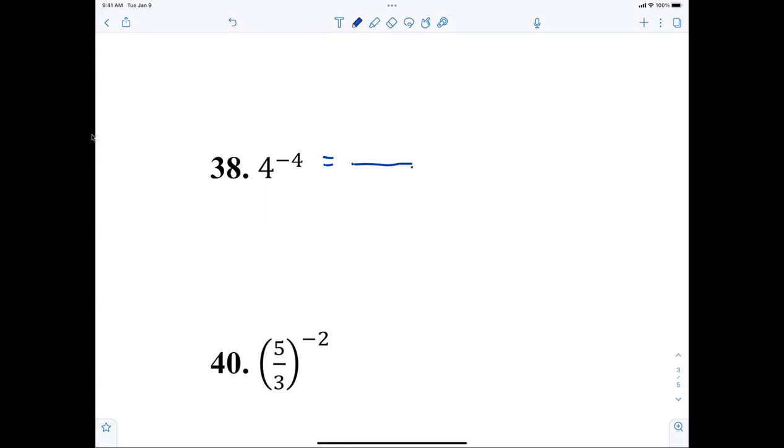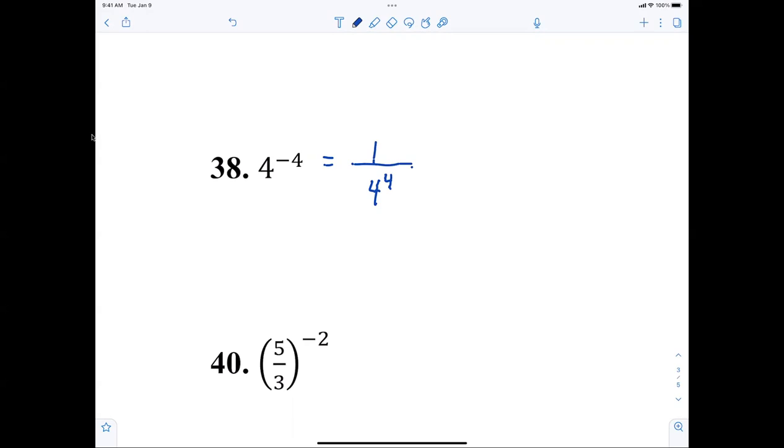So where do I put it? Right, 4 to the 4th. What's in the numerator though? 1. When everything goes away, there's a 1 because we're dividing.